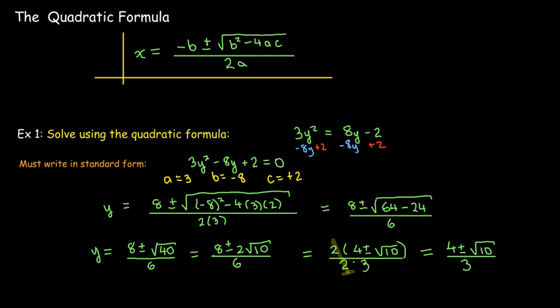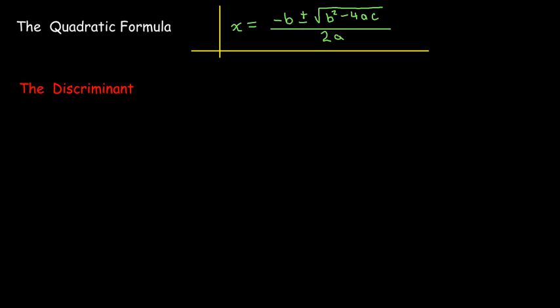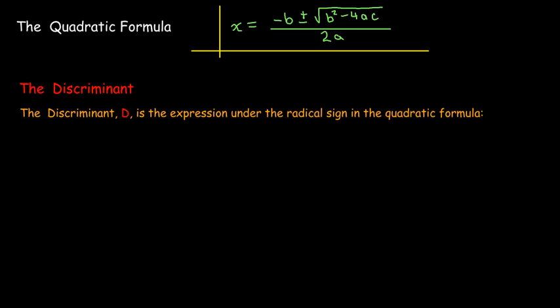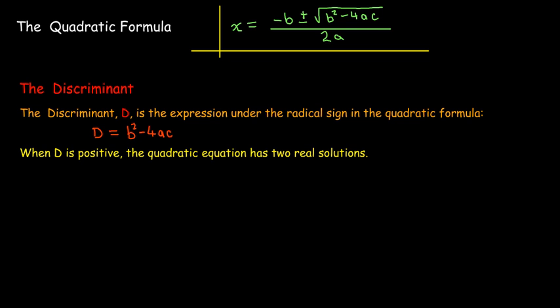Now, this expression, b squared minus 4ac, under the radical sign, we call it the discriminant, because it really tells you a lot of information. And so d equals b squared minus 4ac. If this is a positive number, then we know we're going to have 2 real solutions.